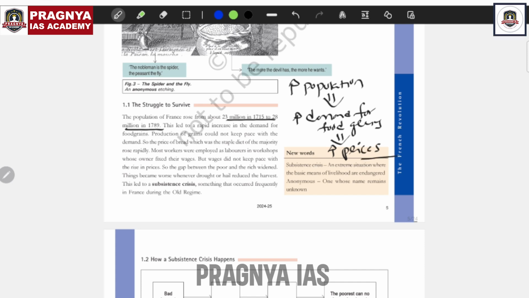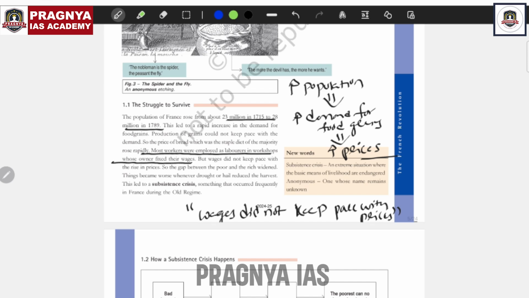Interestingly, wages did not keep pace with the prices, and this is the problem. Most workers were employed as laborers in workshops whose owner fixed the wages.